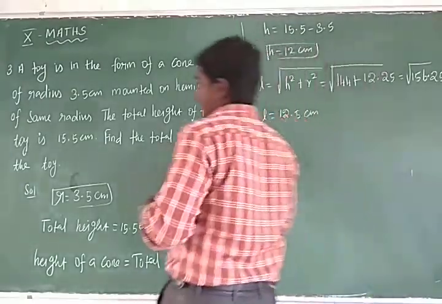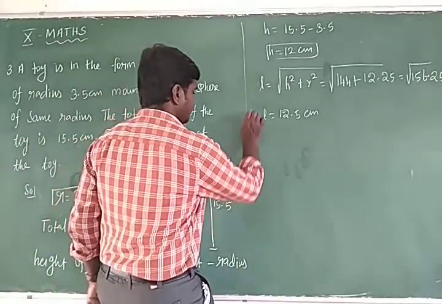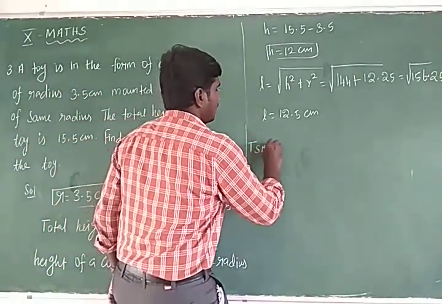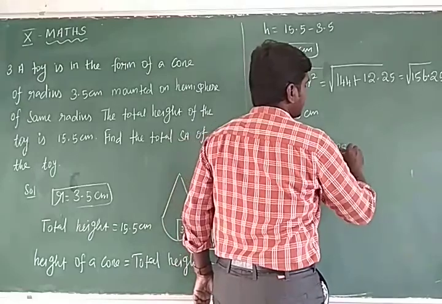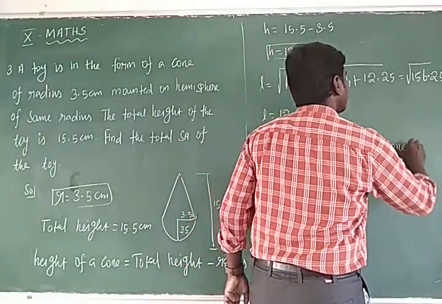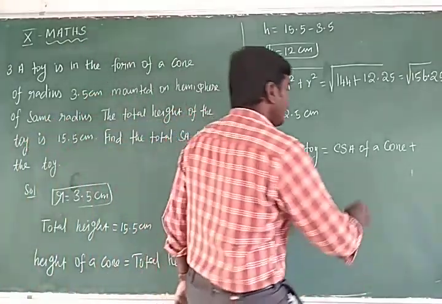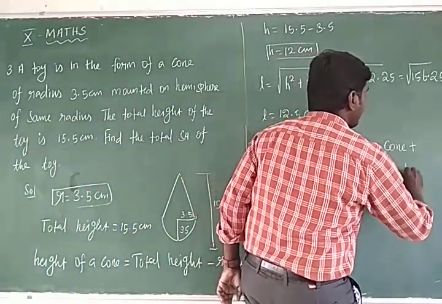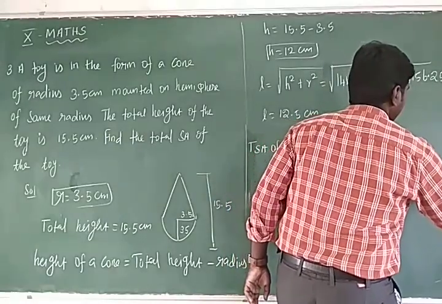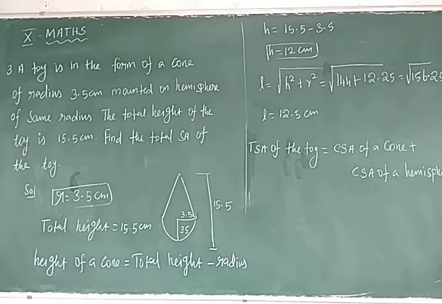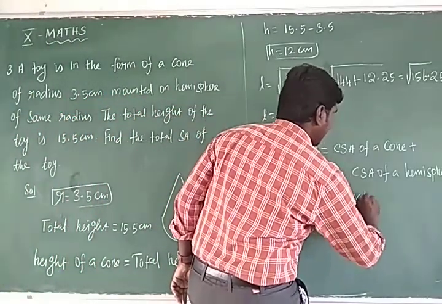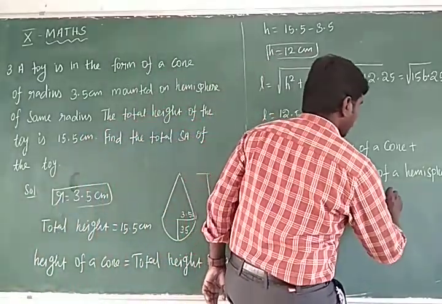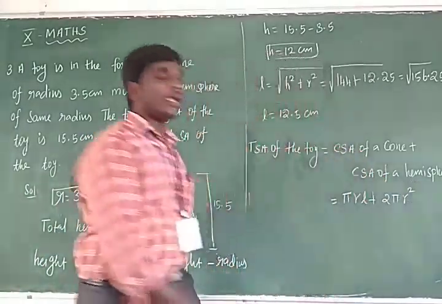Next, the total surface area of the toy is equal to the curved surface area of the cone plus the curved surface area of the hemisphere. Write the formula. The curved surface area of the cone is pi r l, plus 2 pi r square for the hemisphere.